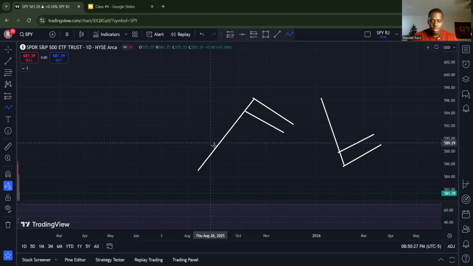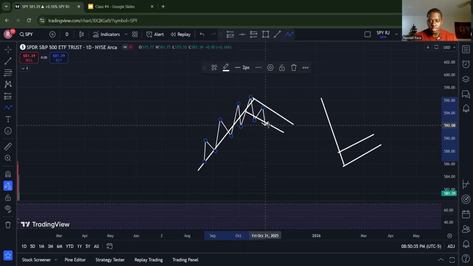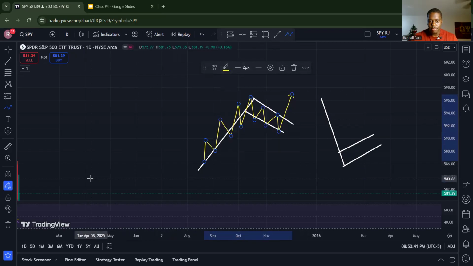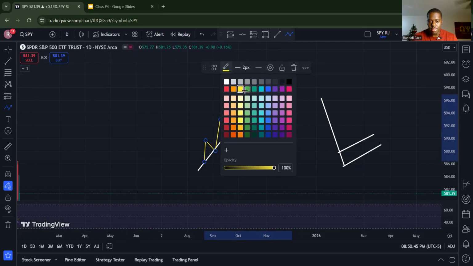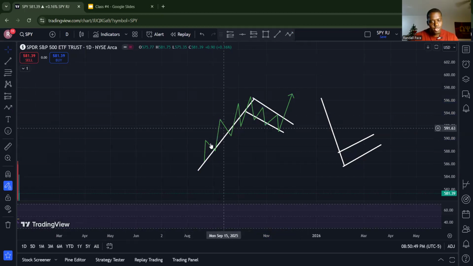I'm going to change the color of this in just a second. But we'll make it green. Why not? So the stock should be moving something like this.